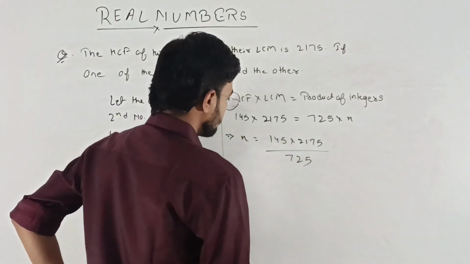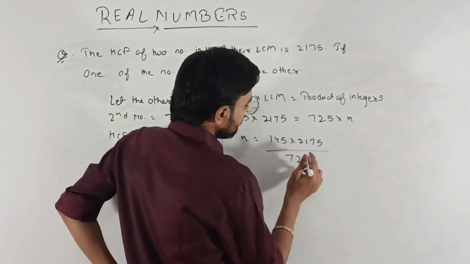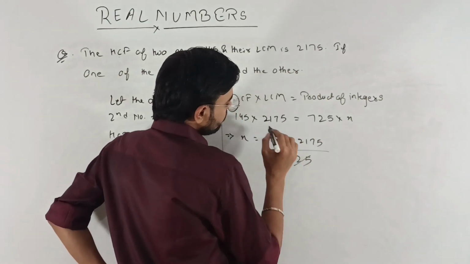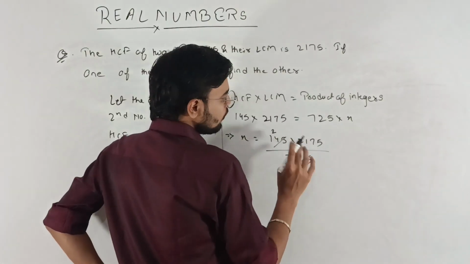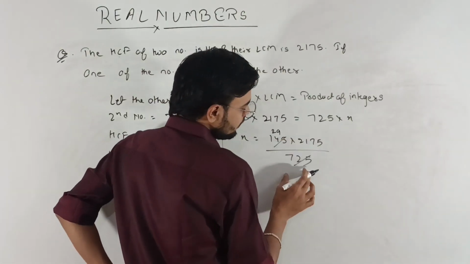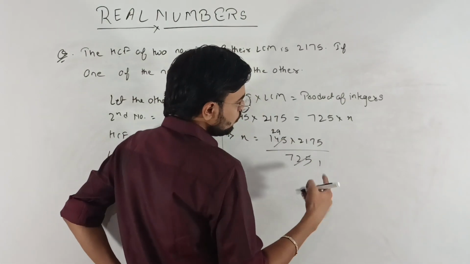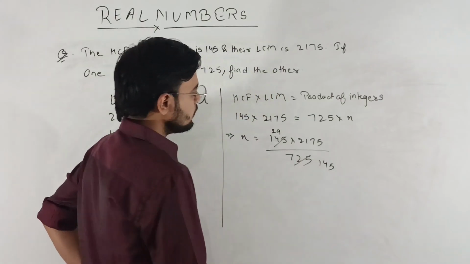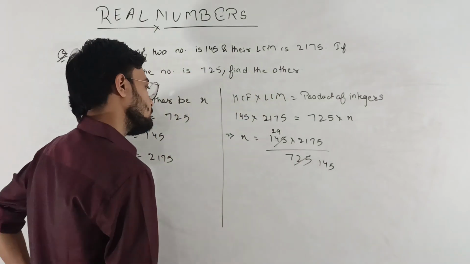Now cancel this by 5. 5 times 145... 5 ones are 5, 5 fours are 20, 5 fives are 25. Okay, this one is 145.